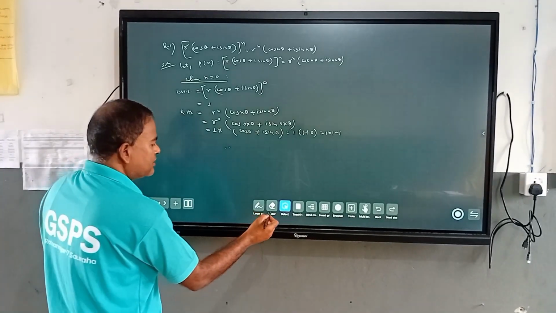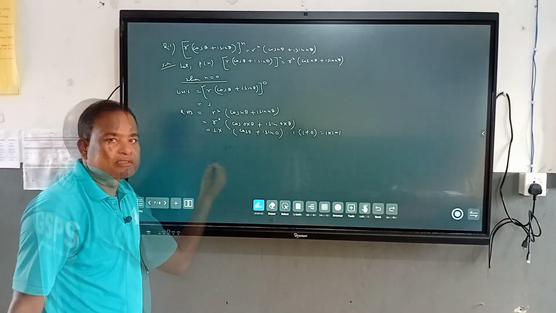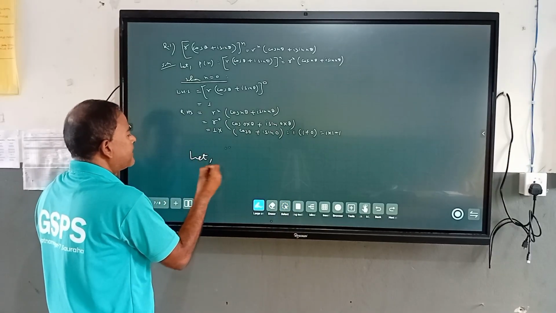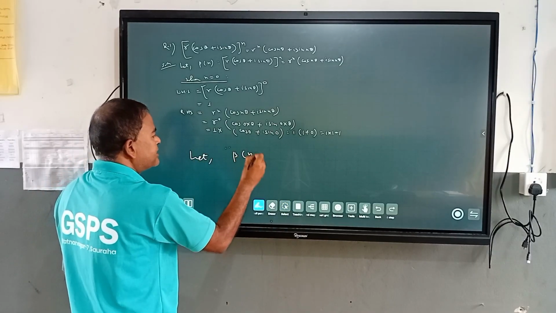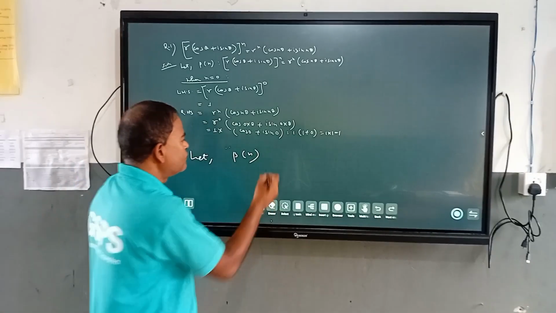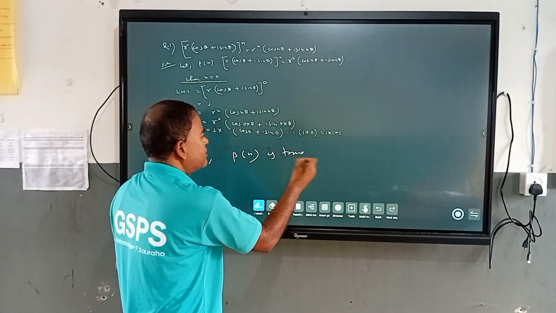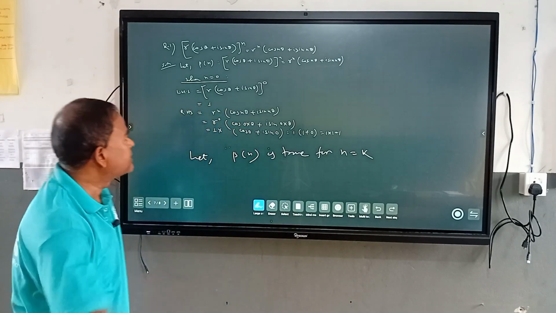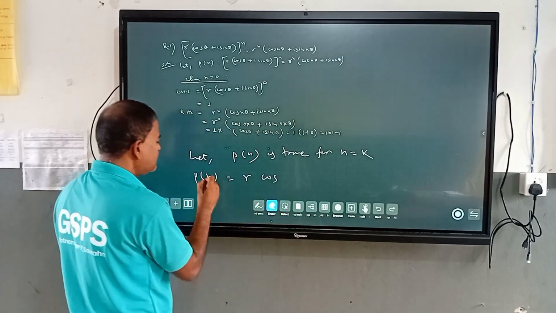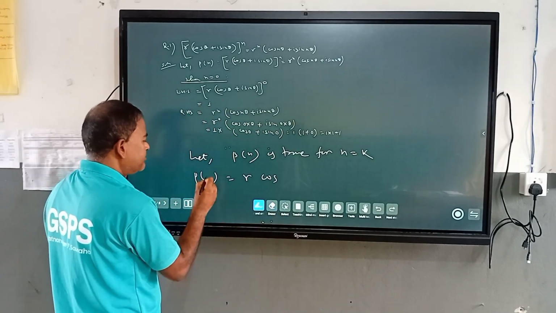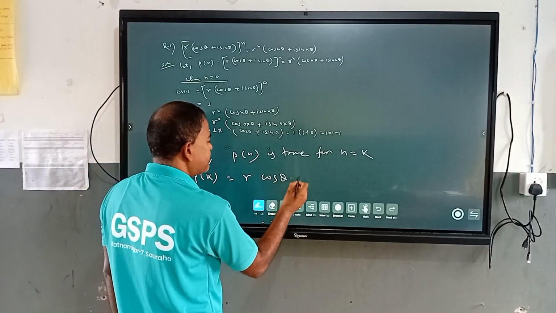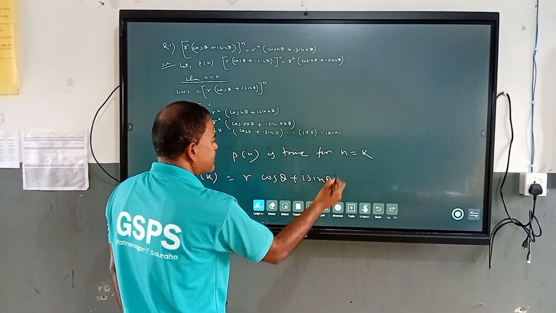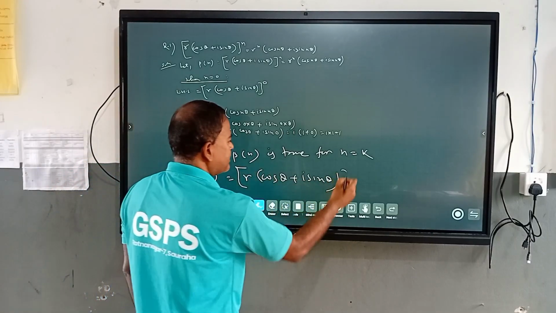So according to mathematical induction, let Pn, that means the given statement, be true for n equals k, where k is a positive integer. Pk equals (r(cos theta + i sin theta))^k.